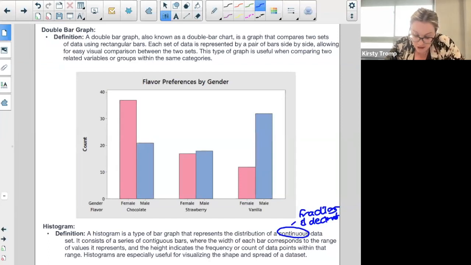Histograms are especially useful for visualizing the shape and the spread of data. All right, and we're going to practice with that tonight. Okay, so maybe that's not making sense at the moment. All right, but we're going to practice it tonight and we're going to see what that looks like.